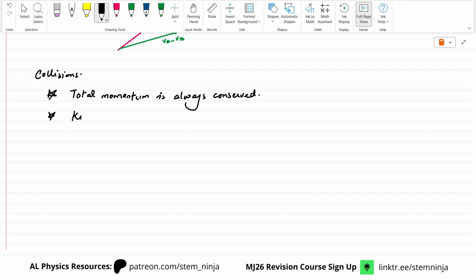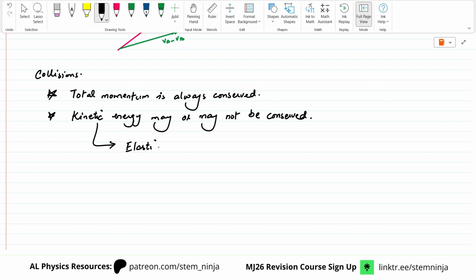However, kinetic energy may or may not be conserved. So we will discuss in which case it is conserved, which case it is not. The cases in which it is conserved are called elastic collisions. EK conserved.